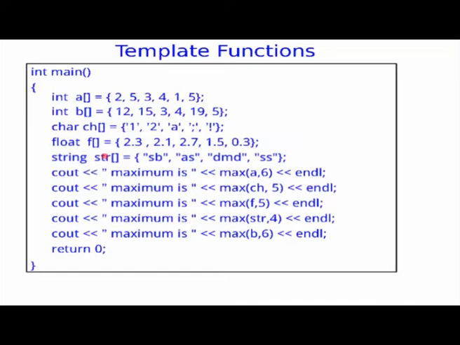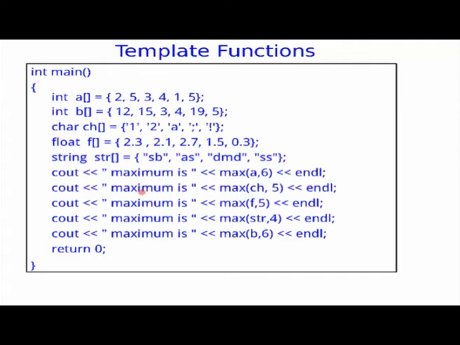F is an array of 5 floating point values, and str is an array of strings, which is the way you write it in C++, of 4 letters, a collection of two strings of length 2 consisting of alphabetic characters A to Z.